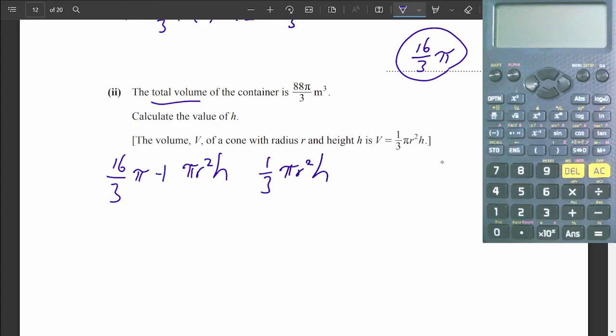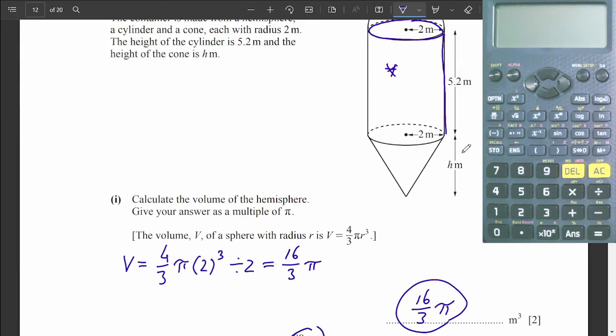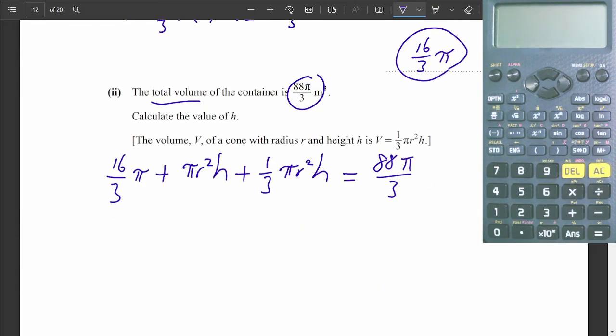And if we add these 3 things together, we will get the answer they've given us, 88 pi/3. Right, let's substitute in there which we can. For example, r, the radius, is 2 throughout, so we can substitute the 2 in there. So that will be 16/3 pi plus pi 2 squared.